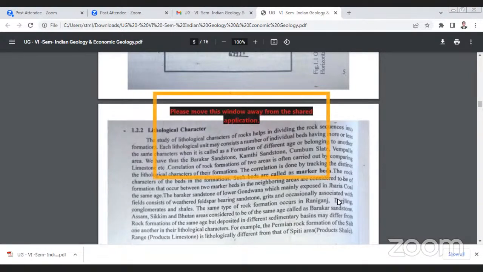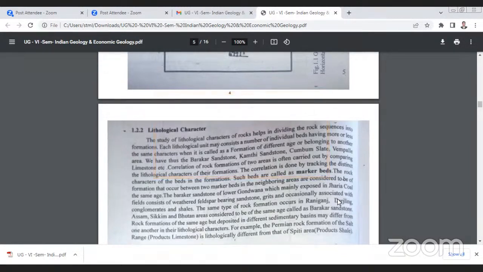For example, the Barakar sandstone of the Lower Gondwana is mainly exposed in the Jharia coal belt, or Jharia coalfield, and consists of bedded feldspar-bearing sandstone, or sometimes grits, and occasionally an association of conglomerates and shales also.